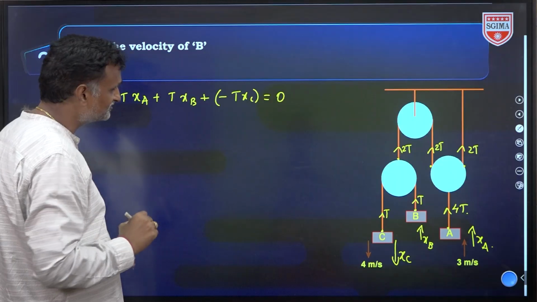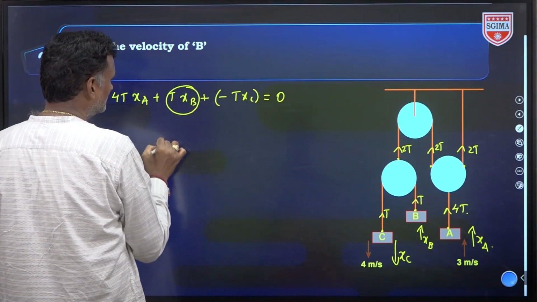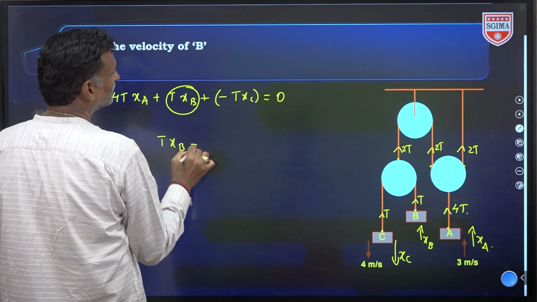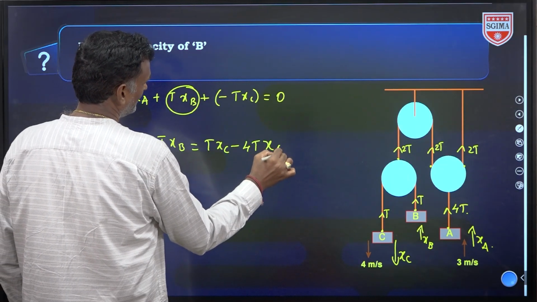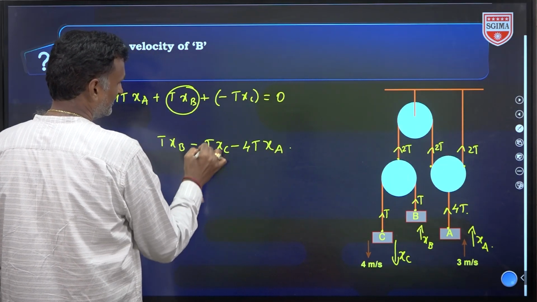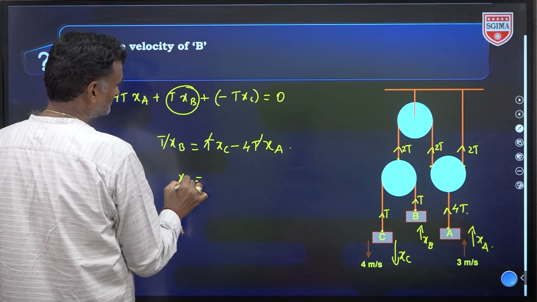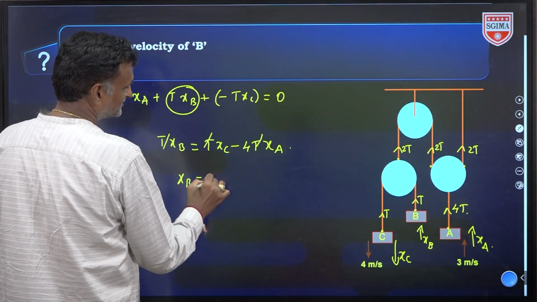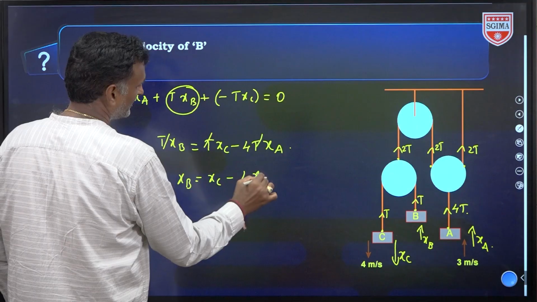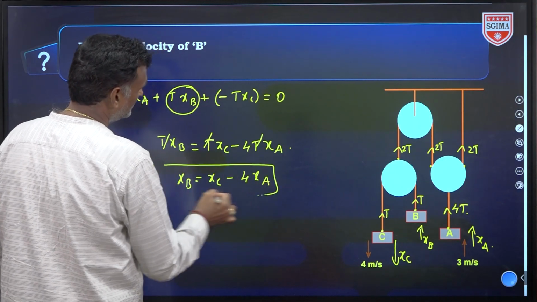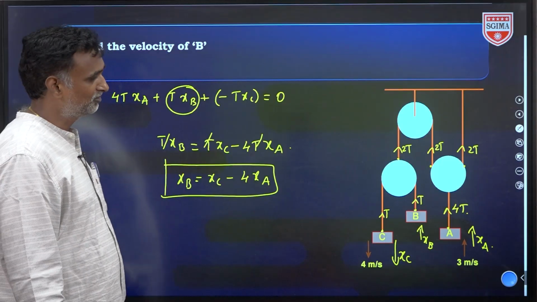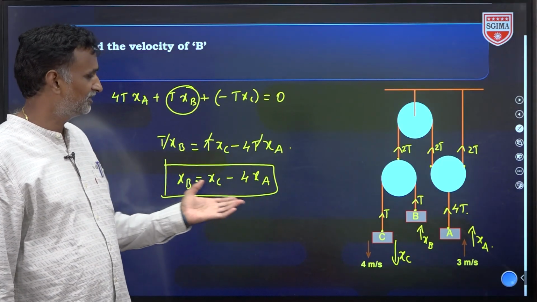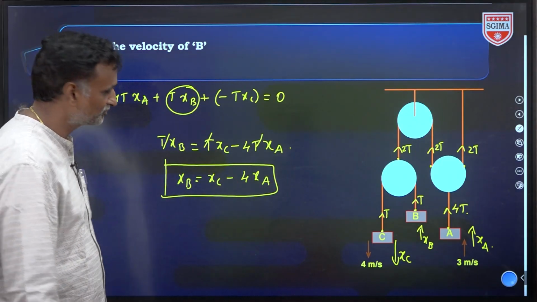Okay, we want xb, so we need to make it the subject. So T xb equals T xc minus 4T into xa. So T cancels, xb equals xc minus 4xa. This is the constraint relation in displacement. Okay? Now differentiate it and we will get velocity, and we need to substitute.